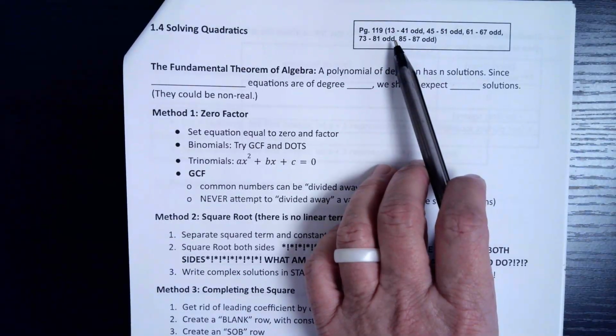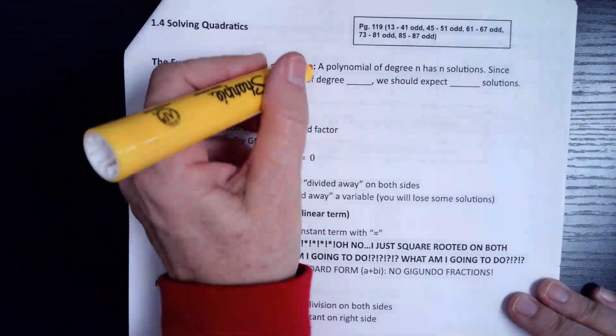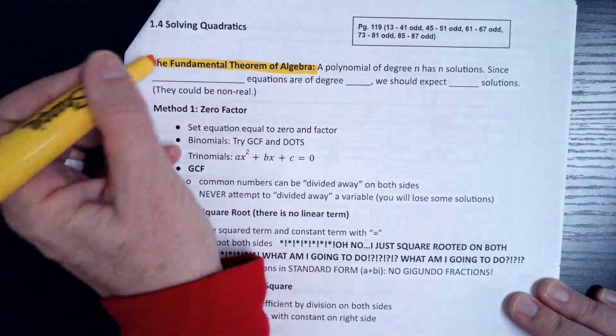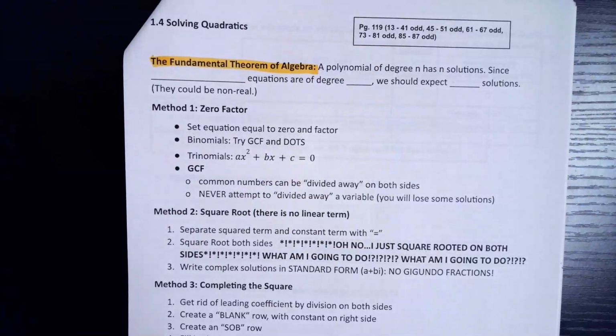All right. So you'll hear me a lot this year talk about the fundamental theorem of algebra. I'm not exactly sure how they decided this would be the fundamental theorem of algebra, but if you do take calculus, there's a fundamental theorem of calculus.